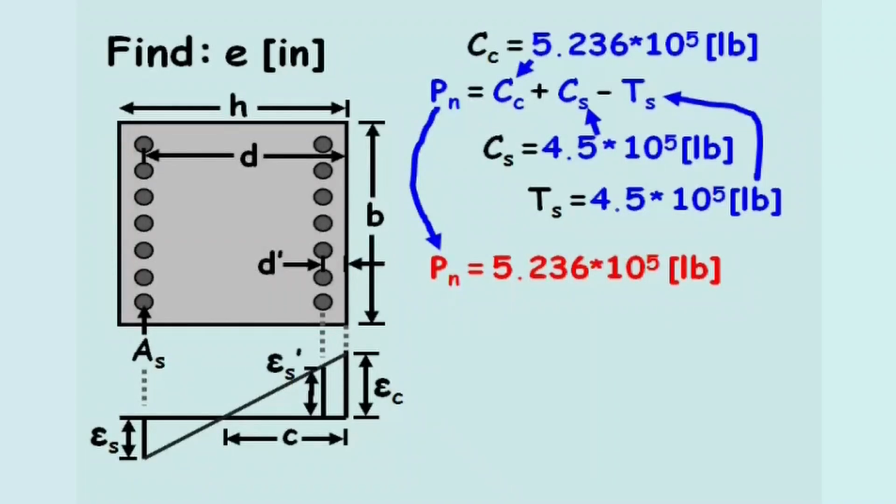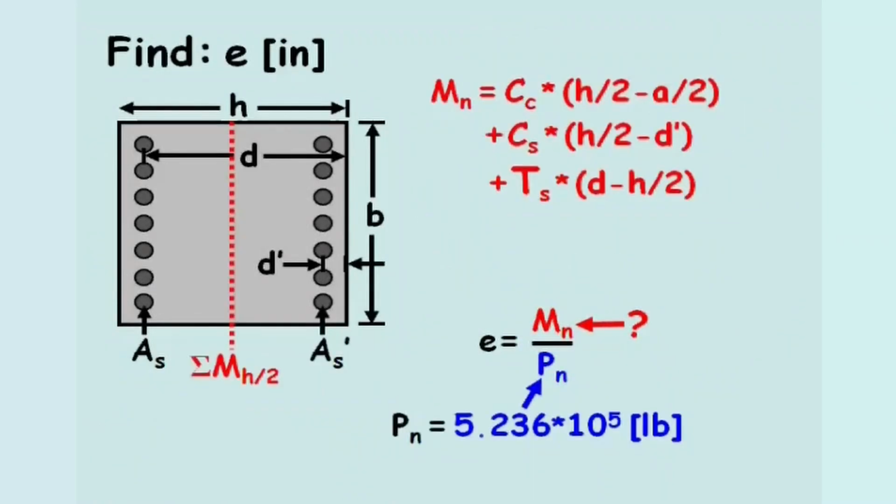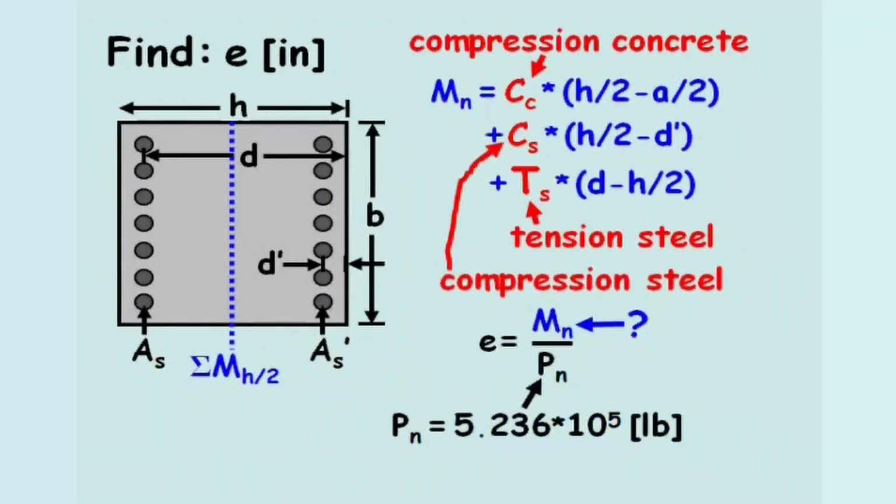Returning to the original equation for the eccentricity, E, we have just solved for the axial force, Pn. Next we'll solve for the moment term, Mn. If we take the moment through the center of the column, h over 2, the nominal moment includes a contribution from the concrete in compression, the steel in compression, and the steel in tension.